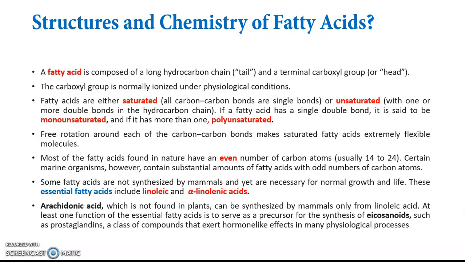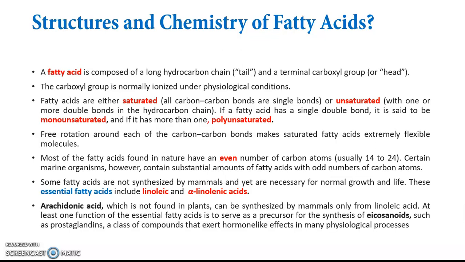If the fatty acid has a single double bond, it is said to be monounsaturated. And if it has more than one double bond, we refer to it as a polyunsaturated fatty acid.